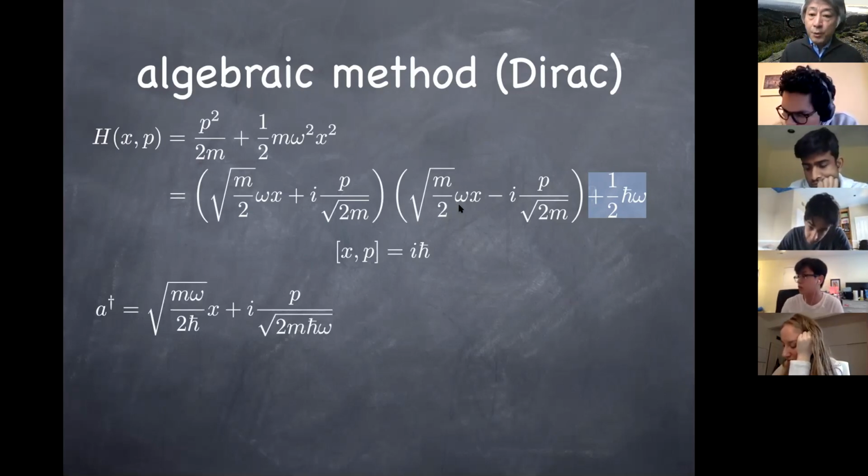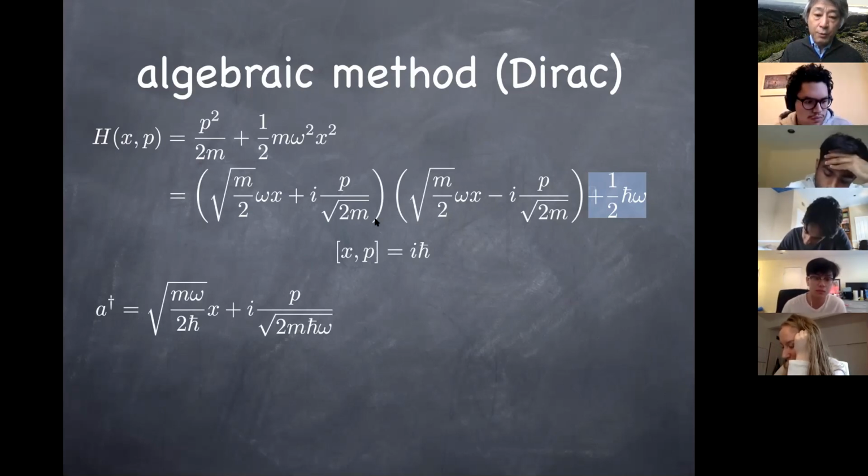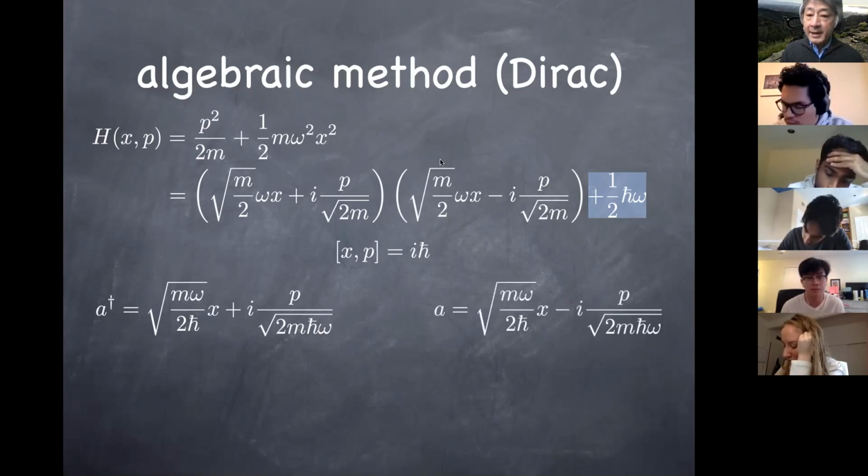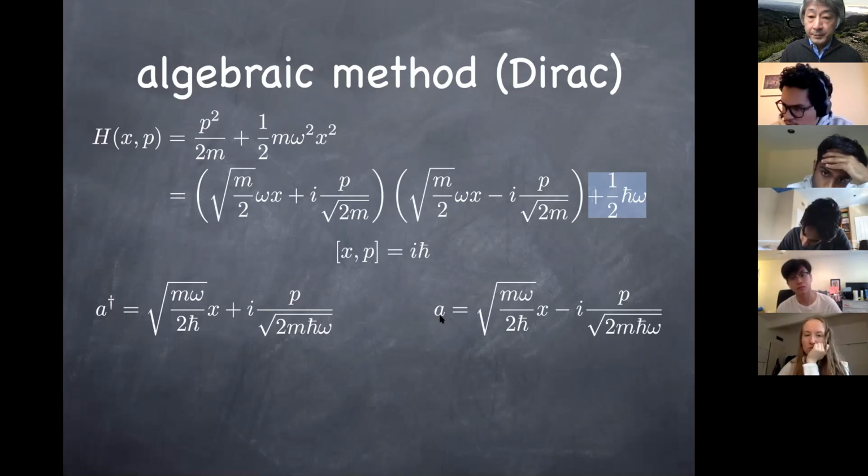Paying a little bit more careful attention to h bar here, we define an a dagger operator, which is the first factor in the square root, except for this h bar factor. So this thing here over the square root of h bar is a dagger. And same thing for the second thing in parentheses. Again, this thing in parentheses over the square root of h bar is what we define as the a operator.